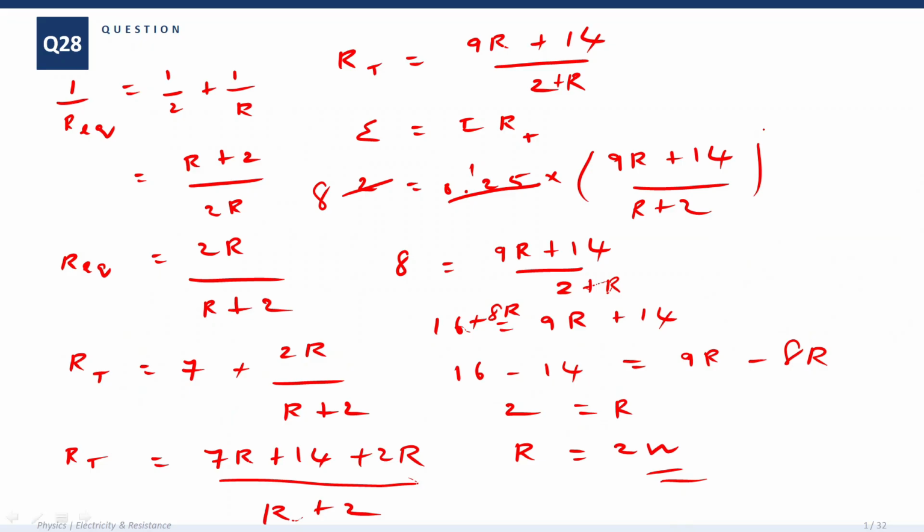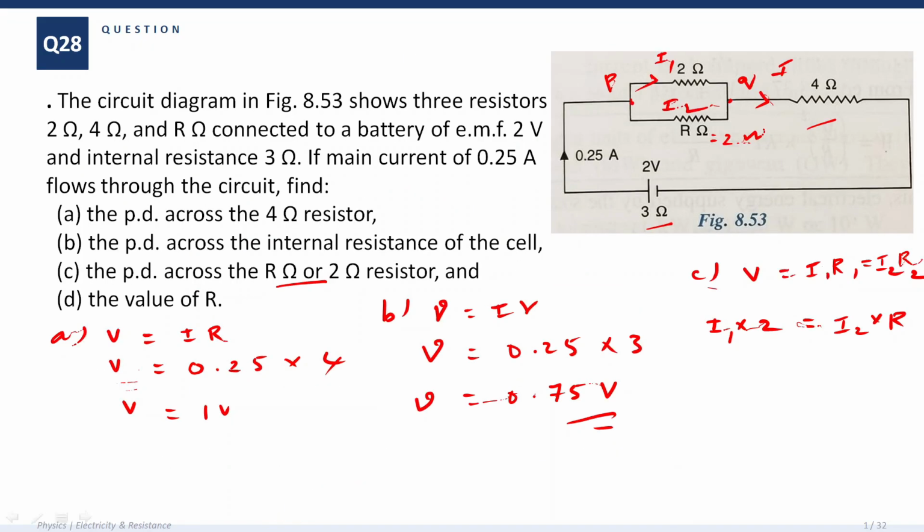So for the potential difference, you will get the current I1 equal to I2 equal to 0.125 amperes.